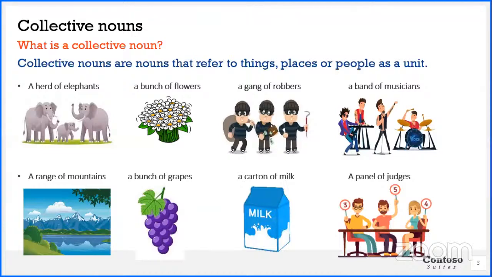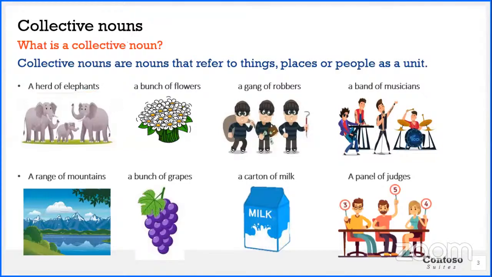Look at the examples here. First, a herd of elephants. The herd is a unit, and in this herd there are some elephants. So we can mention it as a unit, and we call it a herd of elephants.